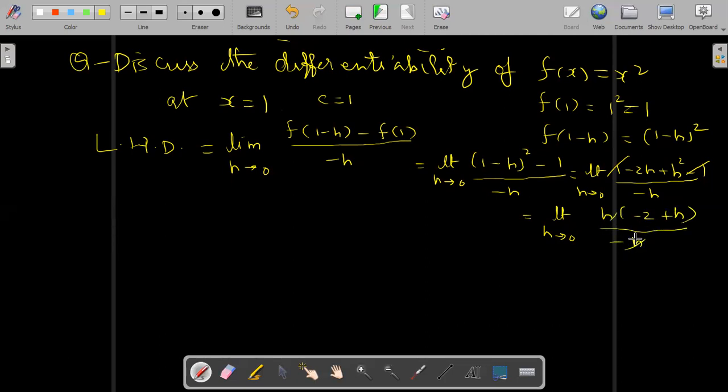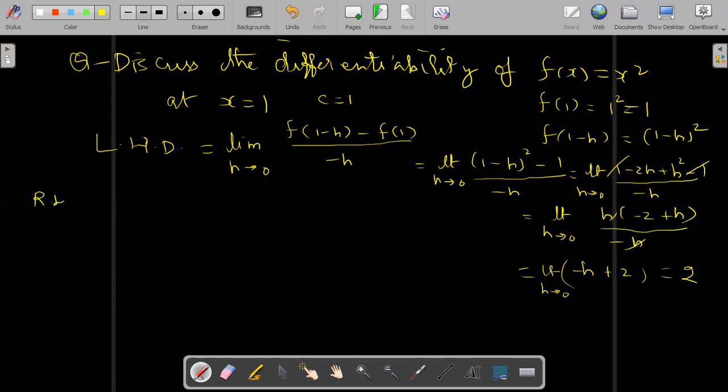We get minus 1, and this minus you can multiply above, so it becomes (2 minus h), and limit h tending to 0, the answer is 2. So we got the left hand derivative as 2.